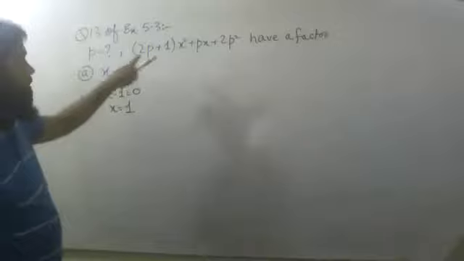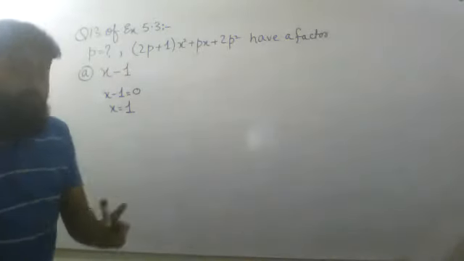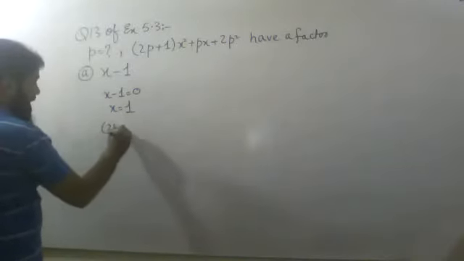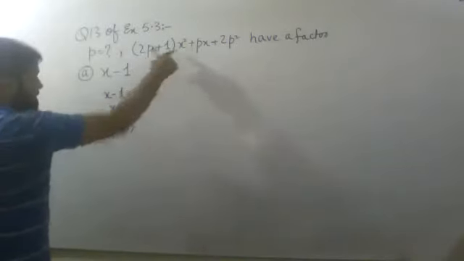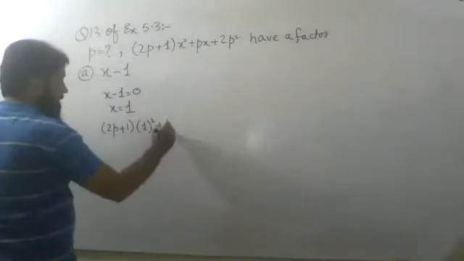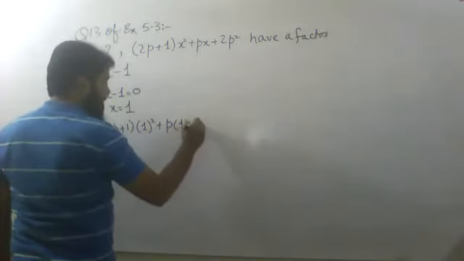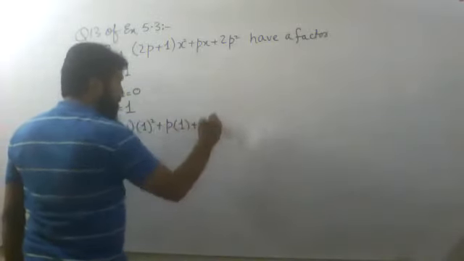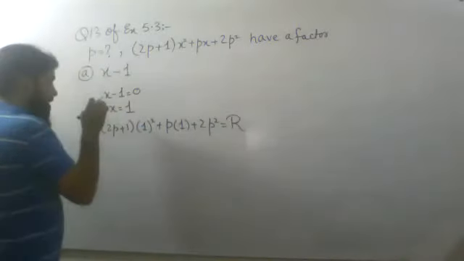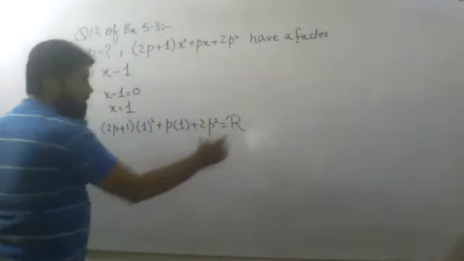Taking this value of x and plotting it in place of x only. So 2p plus 1 in place of x, 1 whole square, p in place of x, 1 plus 2p square. And once I have plotted the value of divisor in the dividend, this thing is now known as the remainder.